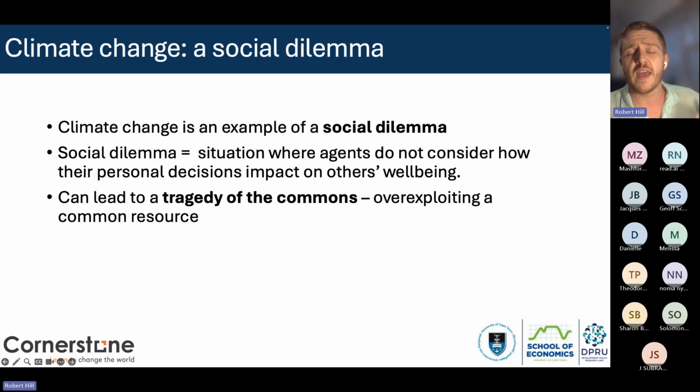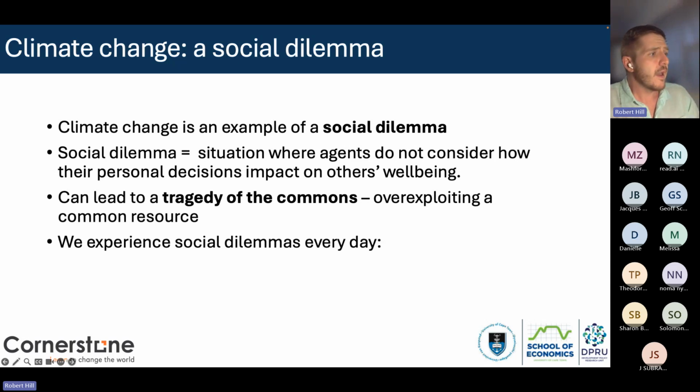You're going to end up with fallow land the following year because you're not going to be able to grow grass again. So individually self-interested behavior can lead to the overexploitation of a common resource. And these social dilemmas and tragedies of the commons are things that we experience even today.